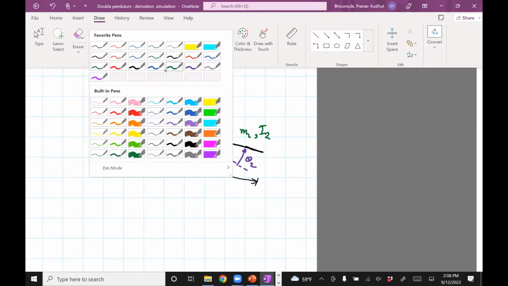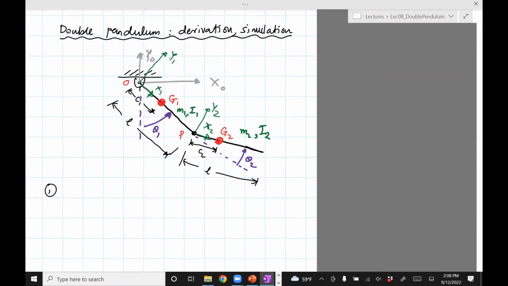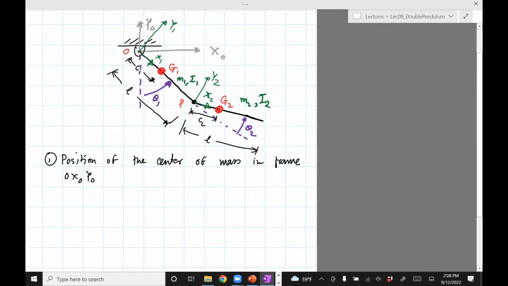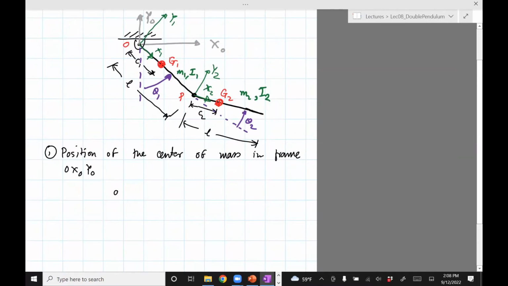So step number 1. So let's compute the position of the center of mass. Now you always want it in frame x0, y0. Okay, that's a fixed frame. So what I'm looking for here is G, or let me use capital G since I use capital G in my paper, G1 in frame 0.